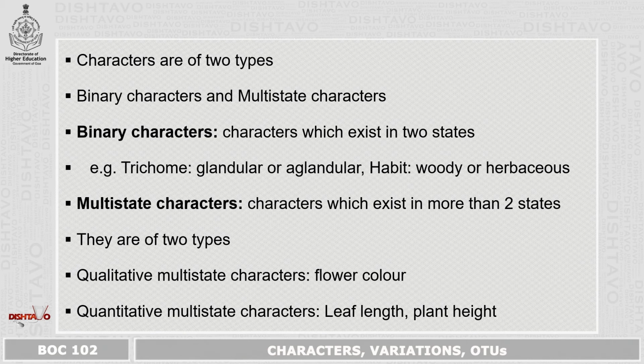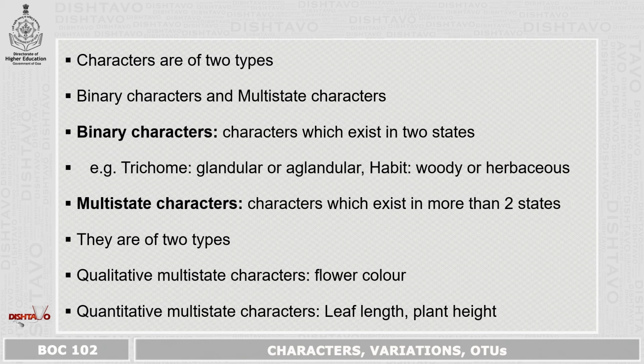Multi-state characters are characters which exist in more than two states. They are again of two types: qualitative multi-state characters and quantitative multi-state characters. For qualitative multi-state characters, take flower color: you will find different types of color, not only two types. So we will consider it a qualitative multi-state character.